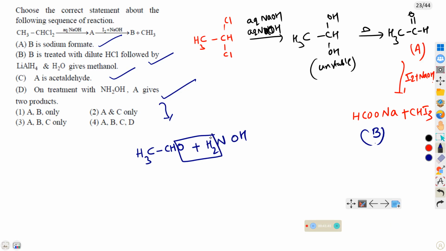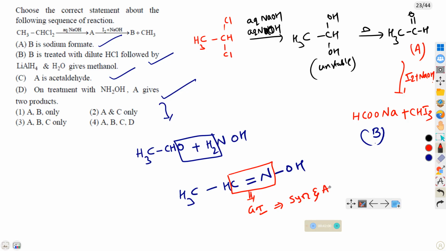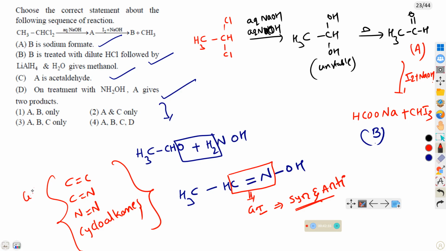Remove a water molecule, then CH3CH=NOH. A multiple bond is present between carbon and nitrogen, so it exhibits geometrical isomerism. Which type of geometrical isomerism? Syn and anti. So based on that, two products are possible.